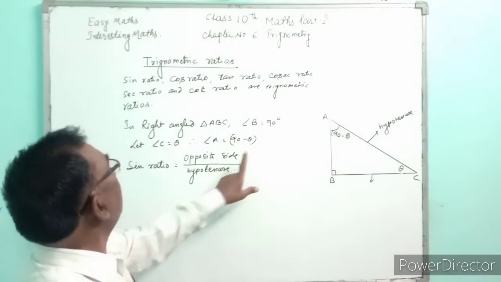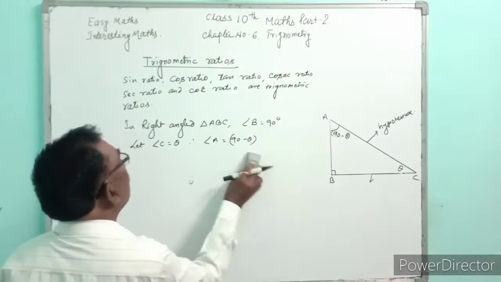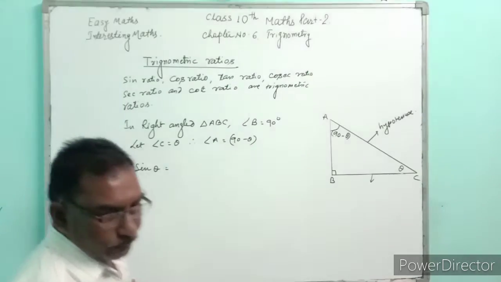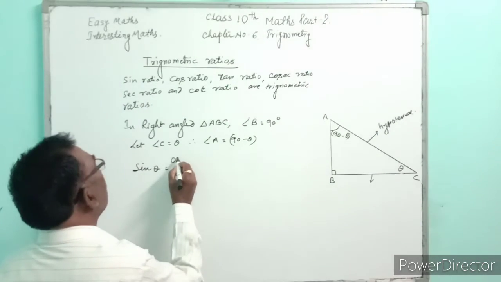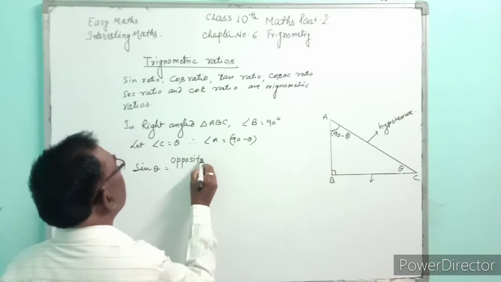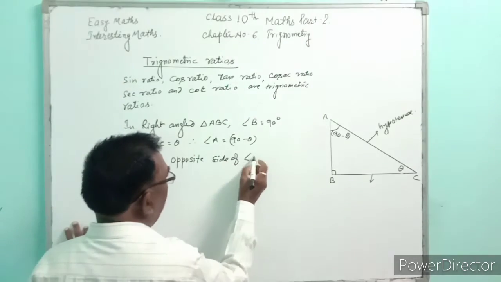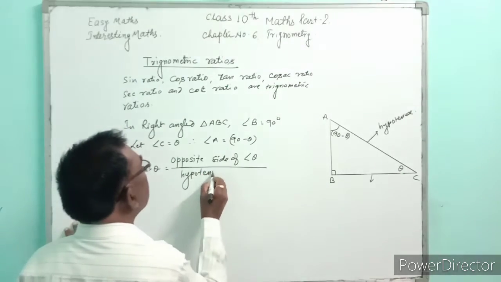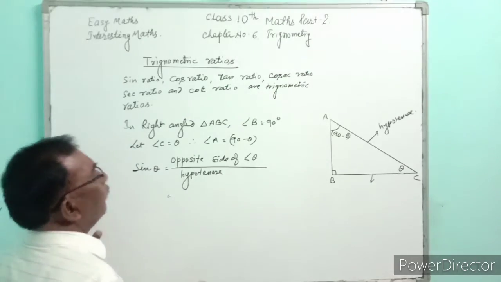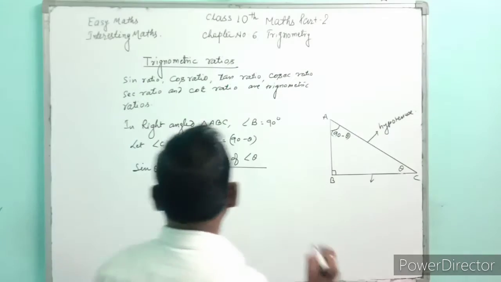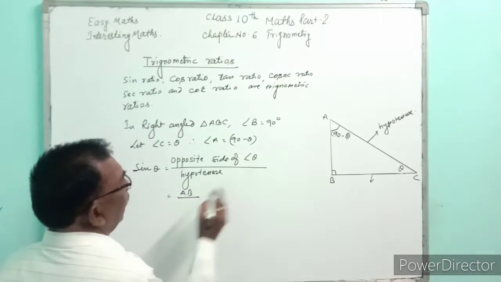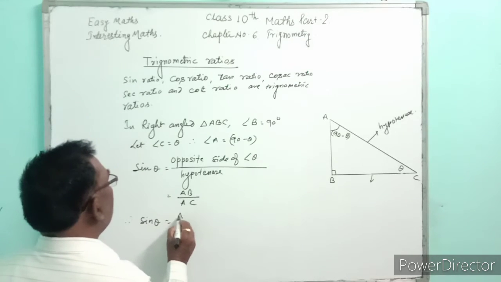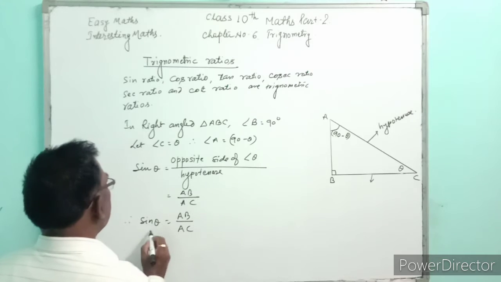So, we will write here sine theta is equal to the opposite side of angle theta upon hypotenuse. Therefore, the opposite side of angle theta is AB, upon hypotenuse AC. Therefore, sin theta is equal to AB by AC.